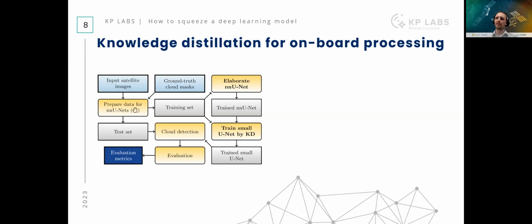Then we train this model and verify that it works over the unseen test data. We always keep aside the test data, which is never used during the training process. And then we can have the smaller model that will fit into the target hardware, because we know some constraints, related to, for instance, memory or energy consumption, that need to be adhered to in order to run this model on board the satellite.